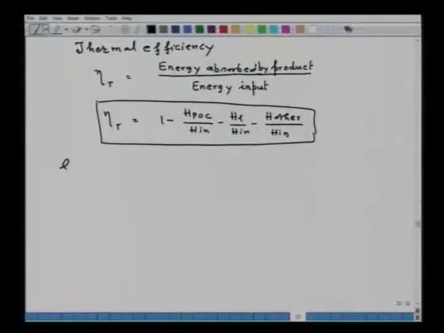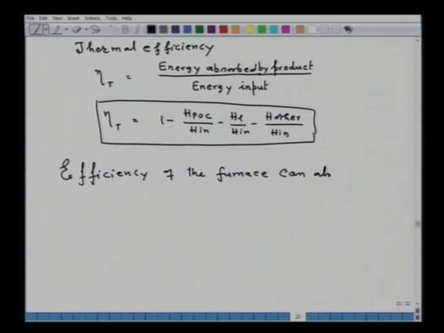Now, sometimes the efficiency of insulation can also be assessed. That is, you have made a furnace chamber with a lining of certain thickness and certain thermal conductivity. So, here the efficiency of the furnace can also be evaluated by the effectiveness of insulation.